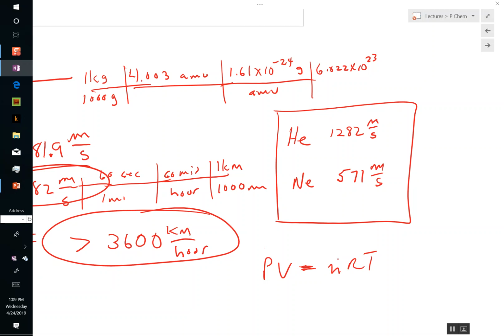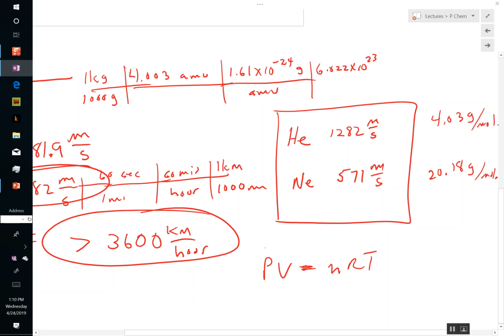But one is moving slower, one's moving faster. What is the other thing that is changing here between these two atoms? The mass. So this is 4.03 grams per mole, and this is 20.18 grams per mole. So the masses are different.